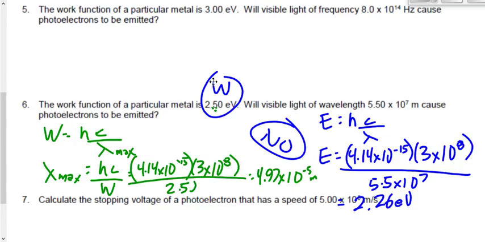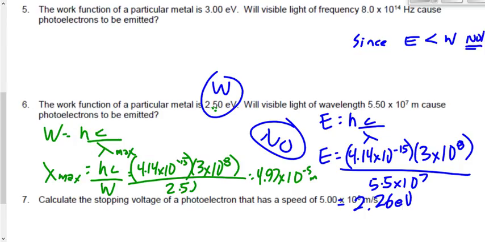So we would say in the first case that since the energy of the photon is less than the work function, no, electrons will not be ejected.